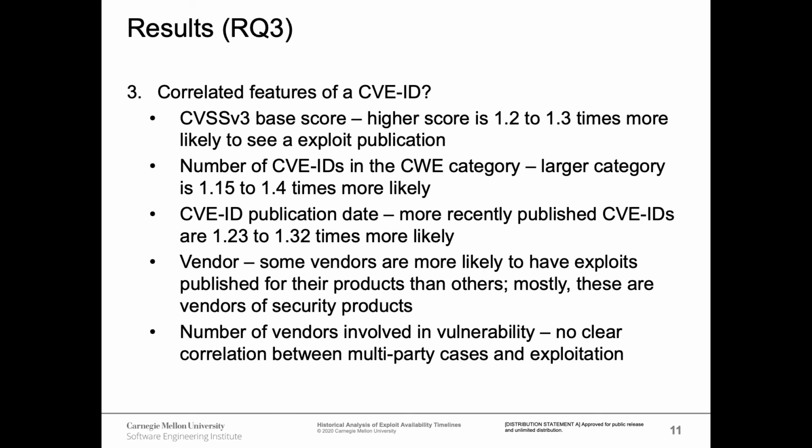Certain vendors are more likely to have exploits than others, but this is also not super surprising. If a vendor predominantly makes security software, their code is more likely to see public exploits than writers of non-security software, things like this.